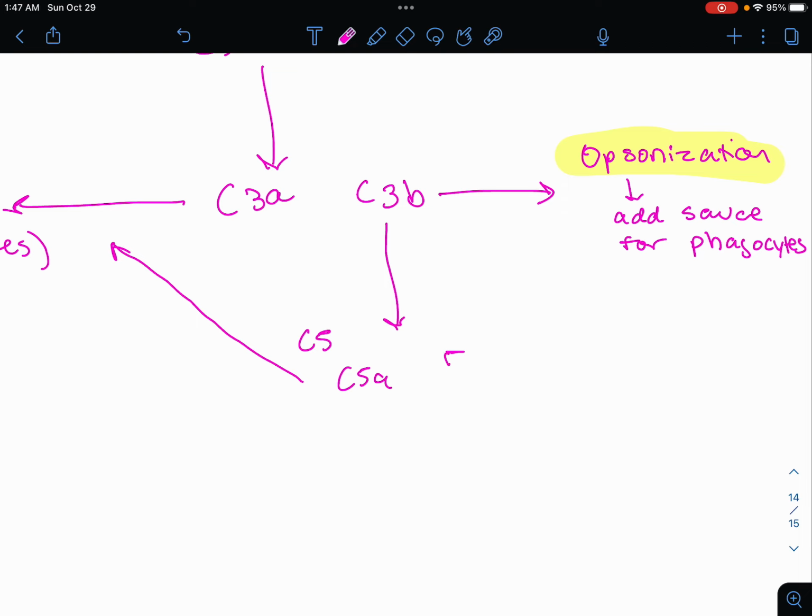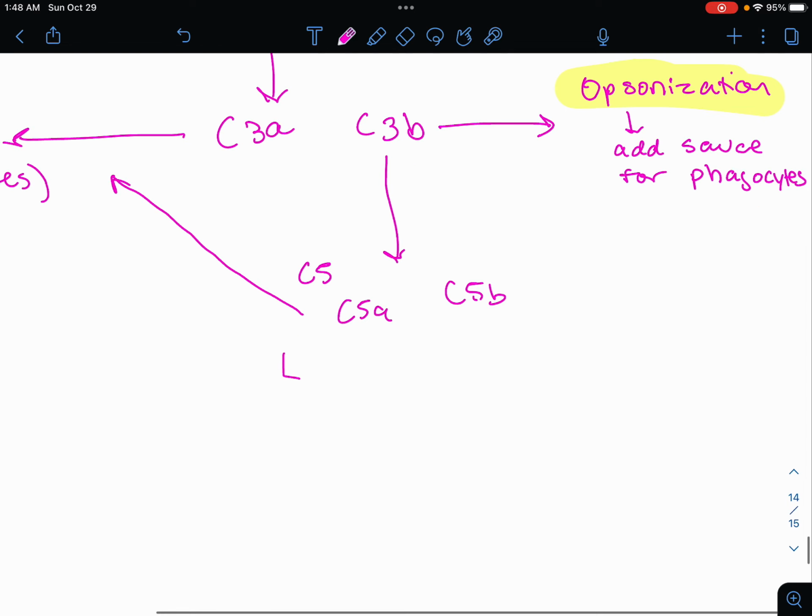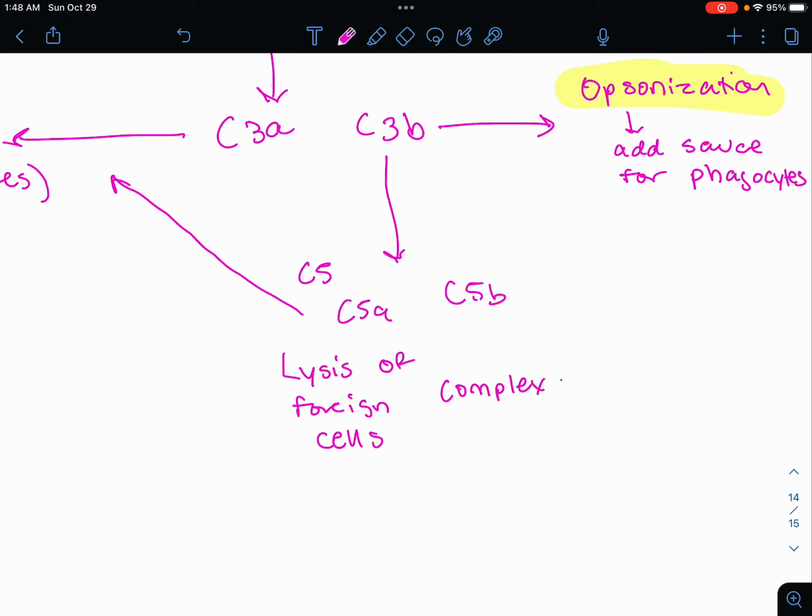But we also have C5B, let me write that in order, C5B, and we are going to get the lysis of foreign cells when we make this kind of a complex of all these proteins and then of these other proteins, and they find the membrane, they're going to start like poking it.